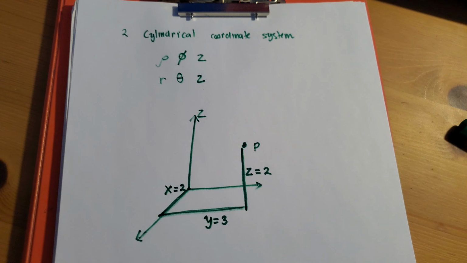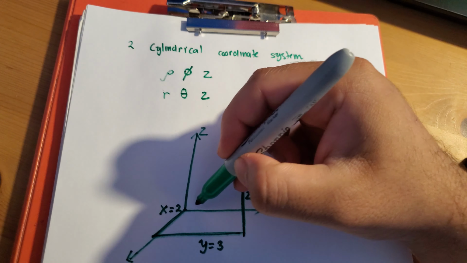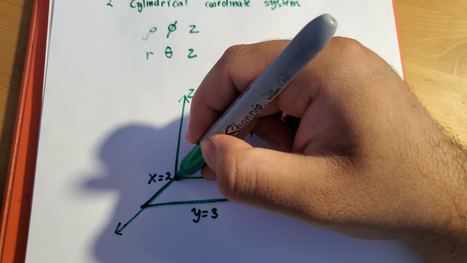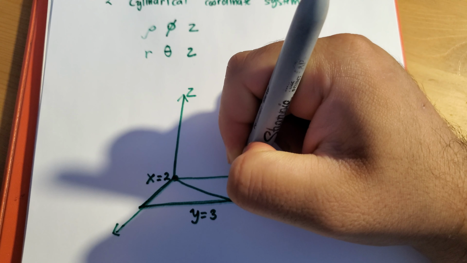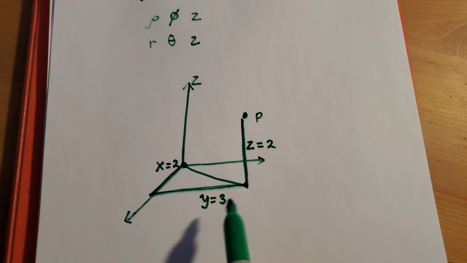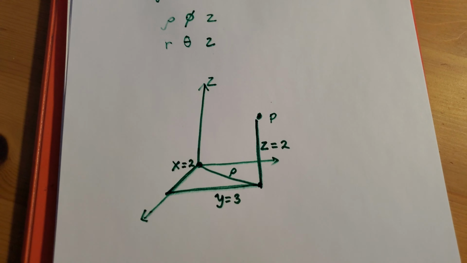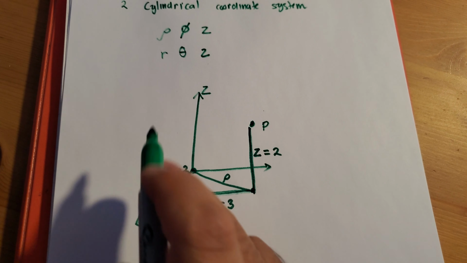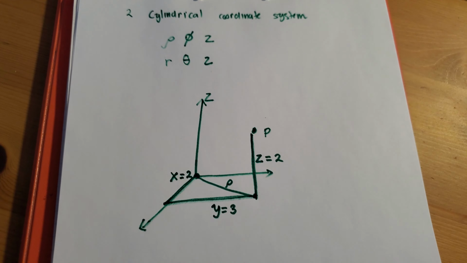The direct distance to that point, if you don't worry about the height, is from the origin to right where that height starts, right? So from the origin here, that is rho, and that's a distance.